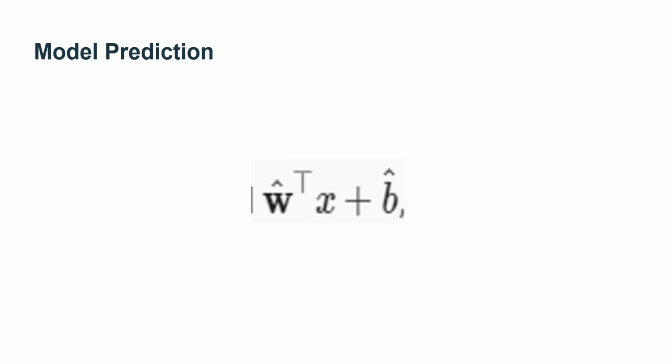Given the learned linear regression model, w-hat transpose x plus b-hat, we can now estimate the price of any house outside the training dataset with area x1 and house age x2. Here, estimation is also referred to as model prediction or model inference.